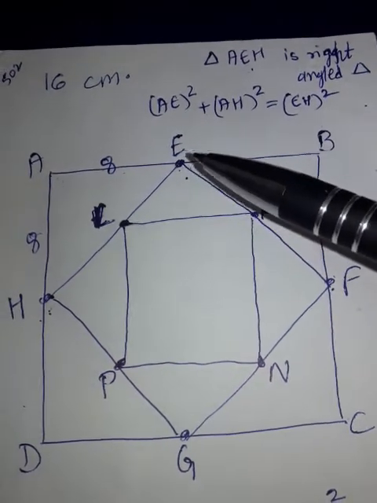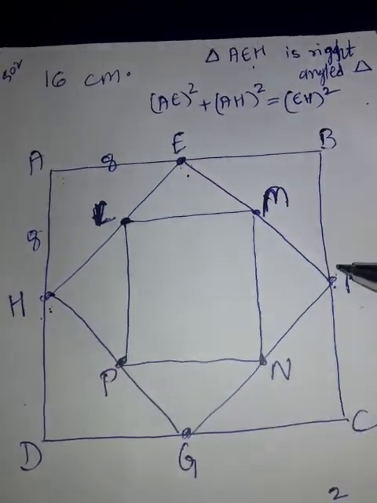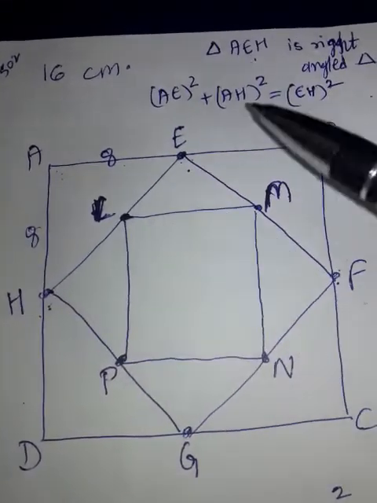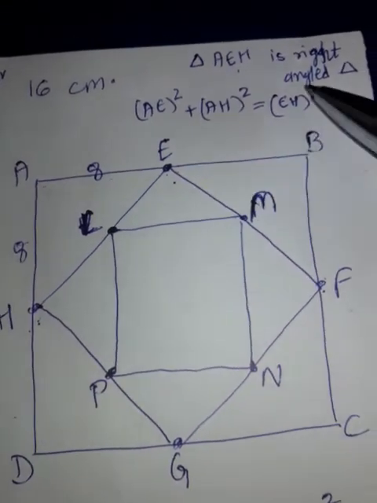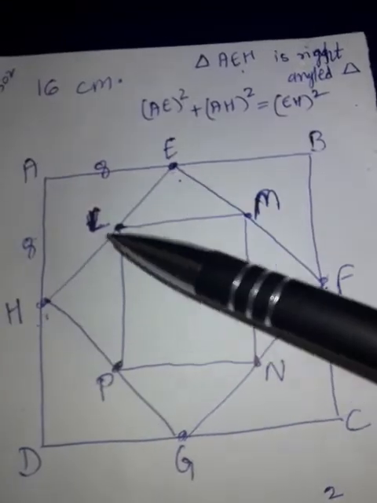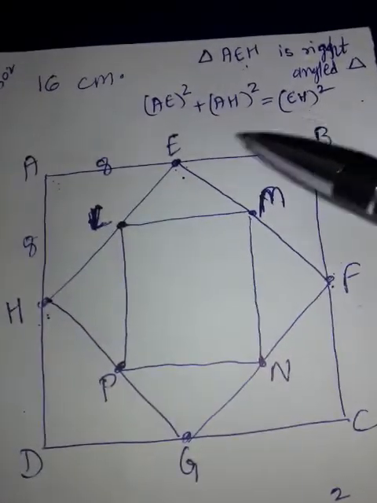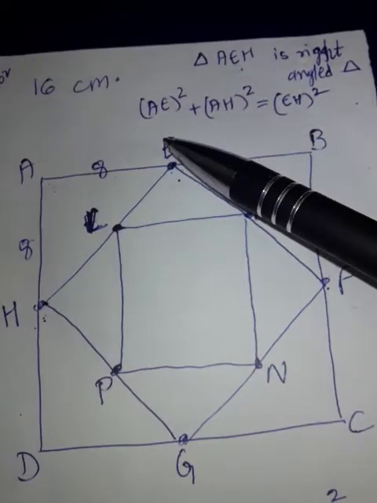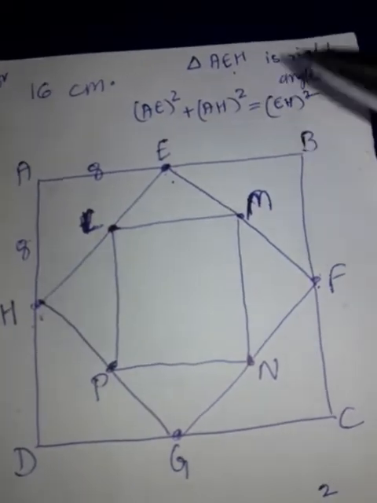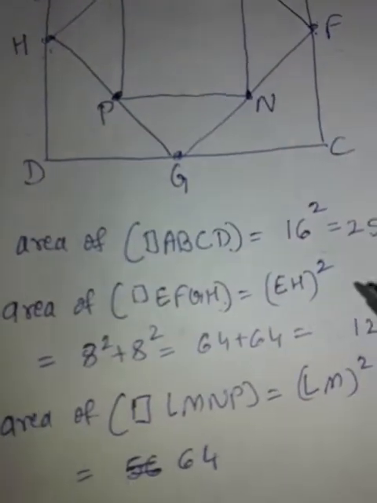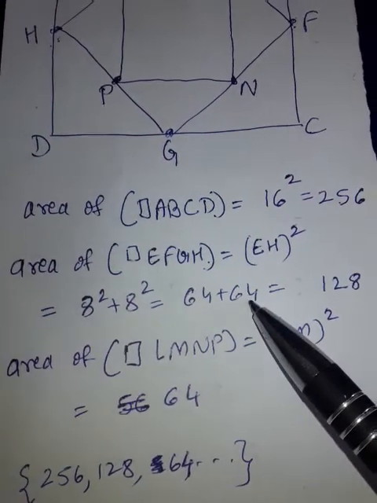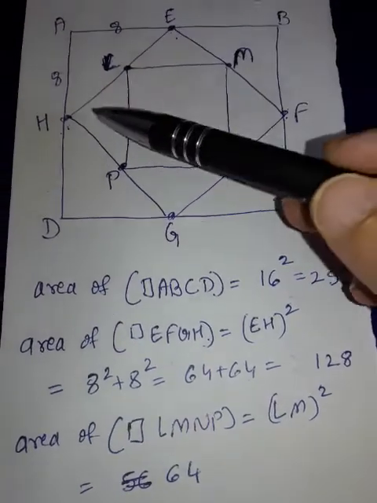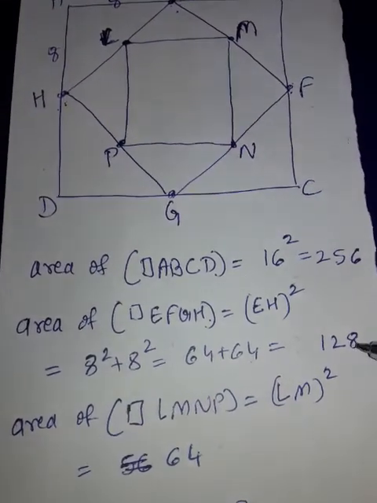I want the area of the square EFGH, and it is the same as the square of this side. So I want EH square. EH square is equal to 8 square plus 8 square, that is 64 plus 64, that is 128. So I have found the area of this inner square, which is 128.